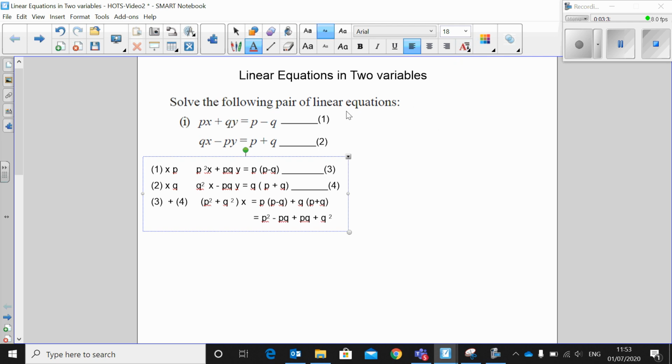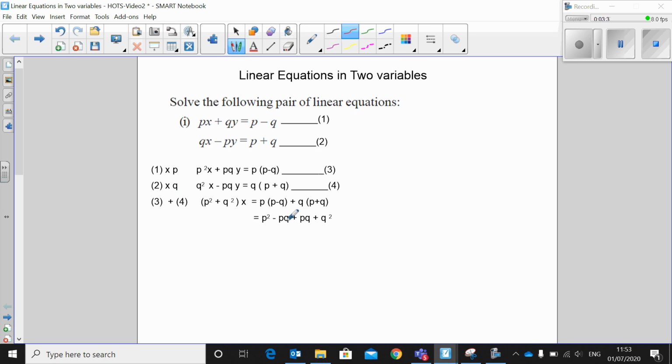Minus pq and plus pq are getting cancelled.